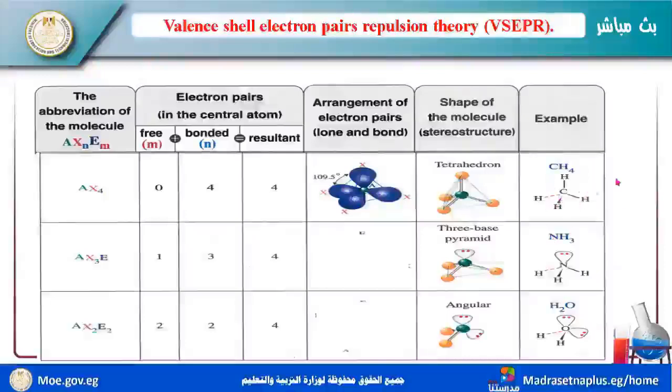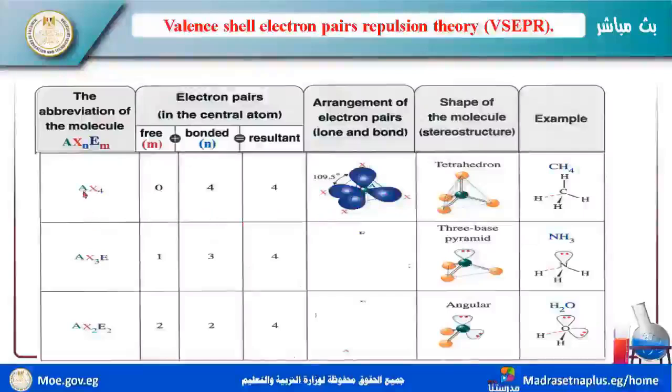I have lone pairs, no lone pairs here. Carbon is bonded with four hydrogens, and carbon has four single electrons. This is AX4. Why AX4?